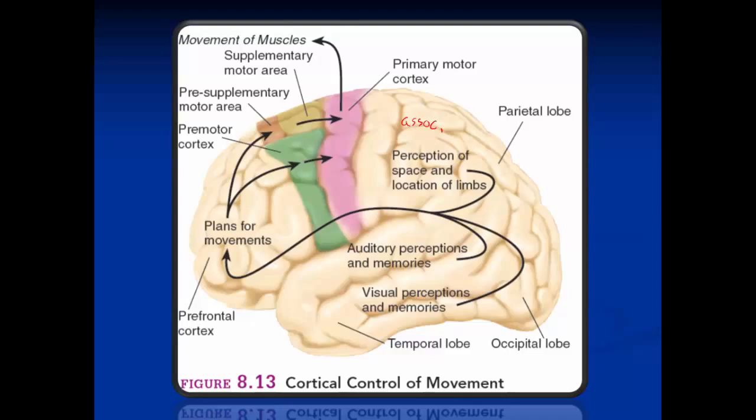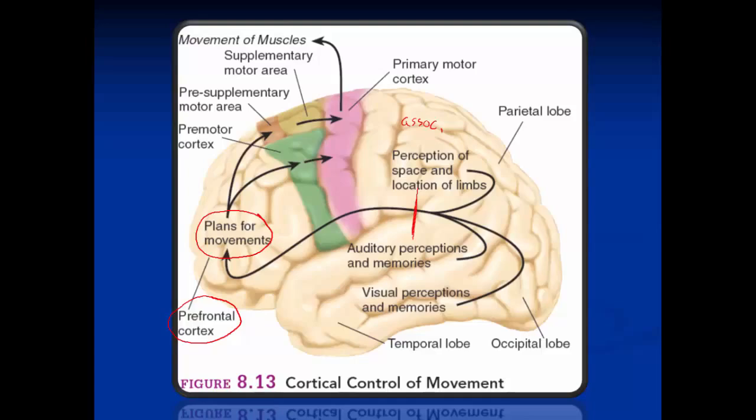And what those do is send signals to the prefrontal cortex. Okay, so the prefrontal cortex collects all this information. If you're going to move, it's this prefrontal cortex that seems important for generating plans to move.